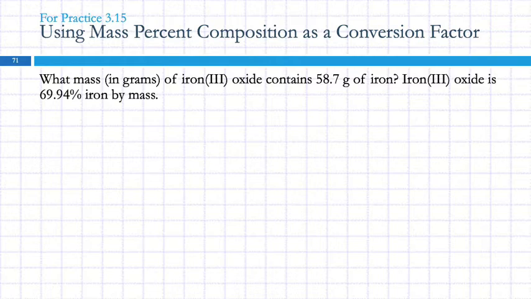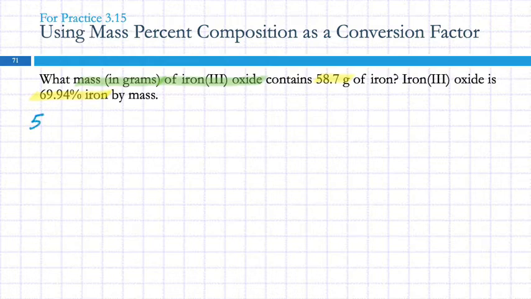What are we given? 58.7 grams, and we've got this percentage. And what are we trying to find? Mass in grams of that. We can actually do this without writing its formula.